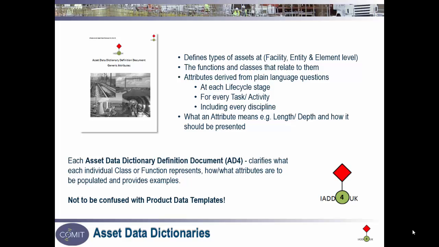This AD4 describes the asset at facility, entity and element level, defining the types of asset, the functions and classes that relate to them, the attributes derived from the plain language questions asked at each stage, for each task at that stage, and by each discipline involved in those tasks. Importantly enough, it also tells us what each of those attributes mean. We shouldn't confuse these with product data templates, as these talk about the equipment, not the function.